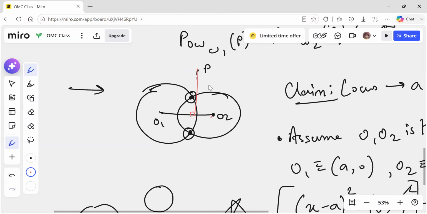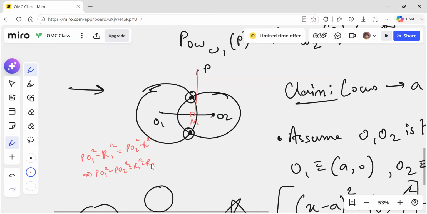Let that foot be M. So we know PO1 squared minus R1 squared, where R1 is the radius of the first circle, will be PO2 squared minus R2 squared. So PO1 squared minus PO2 squared will be R1 squared minus R2 squared.